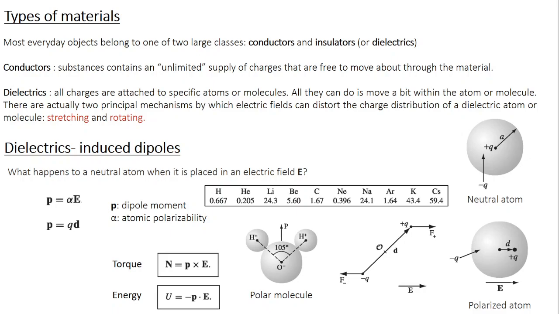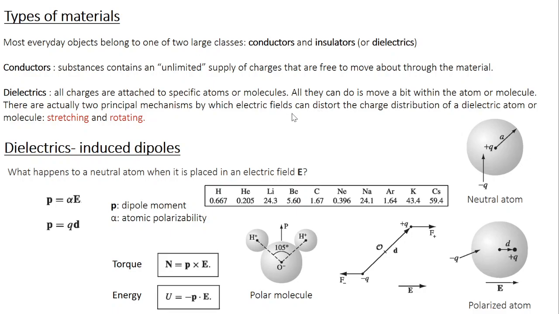Now, conductors consist of a large number of free electrons which can move throughout the material. On the other hand, in dielectrics, the charges are tightly bound to each atom or molecule. They cannot move freely throughout the material. They can make certain motion, but that is within the purview of each individual atom.